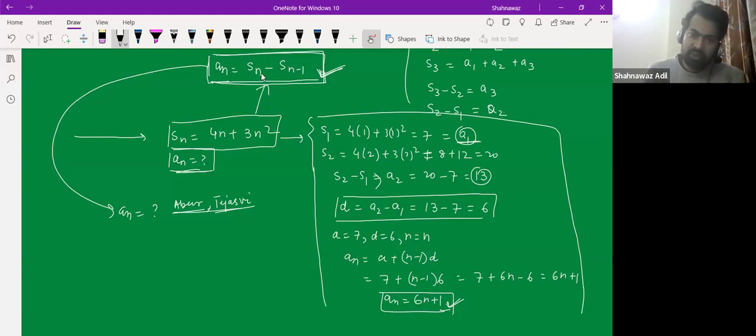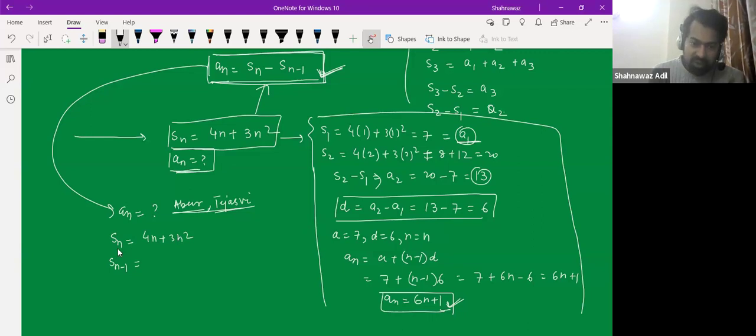Okay, so in this question, Sn is given as 4n plus 3n squared, and we need to find Sn minus 1. Sn minus 1 is very clear.